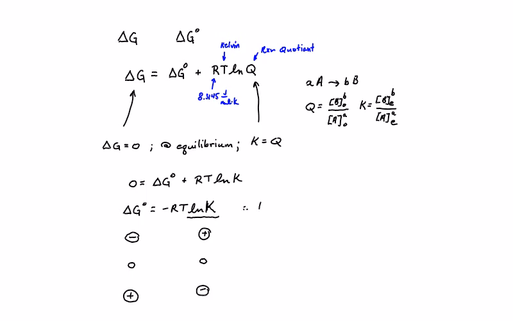Therefore, the value of K can be deduced as well. To have a natural log of K be positive, K has to be greater than 1. In order for the natural log of K to be 0, K has to be equal to 1. And for the natural log of K to be negative, K would have to be less than 1.